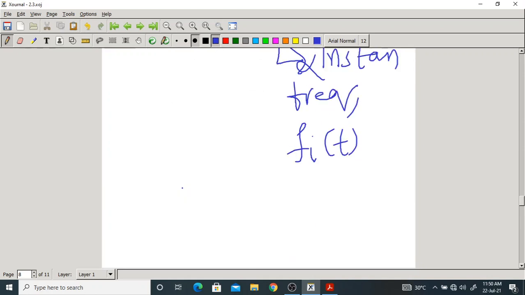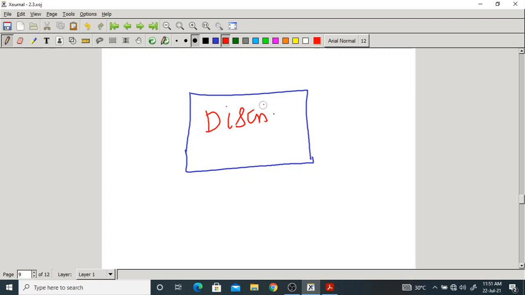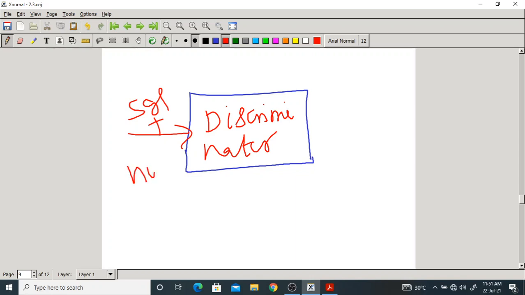Now please remember here. Let me write everything very clearly. To the discriminator, what is the input? Input is the summation of the signal component as well as the noise component. This is the discriminator. Input is signal plus noise. What's the output? We are doing this independently.